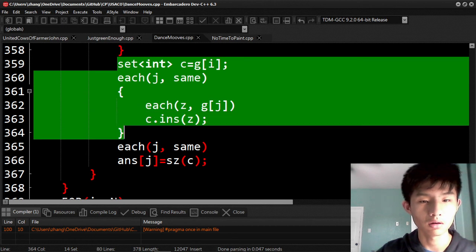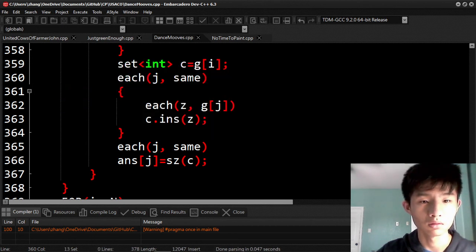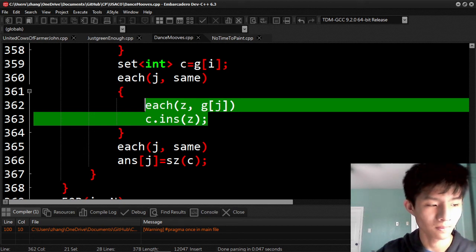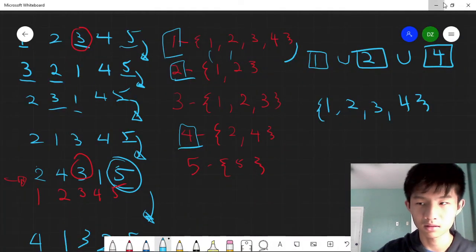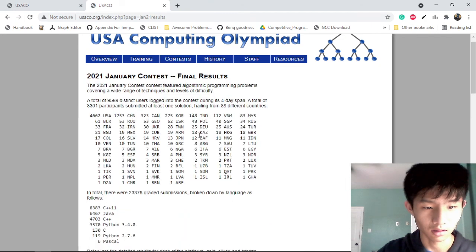Oh, but here, okay, this is kind of stupid. I looped through all of it, and then this is logarithmic every time. I may not want to bother with it. I don't know. I think it is log n or n log n.